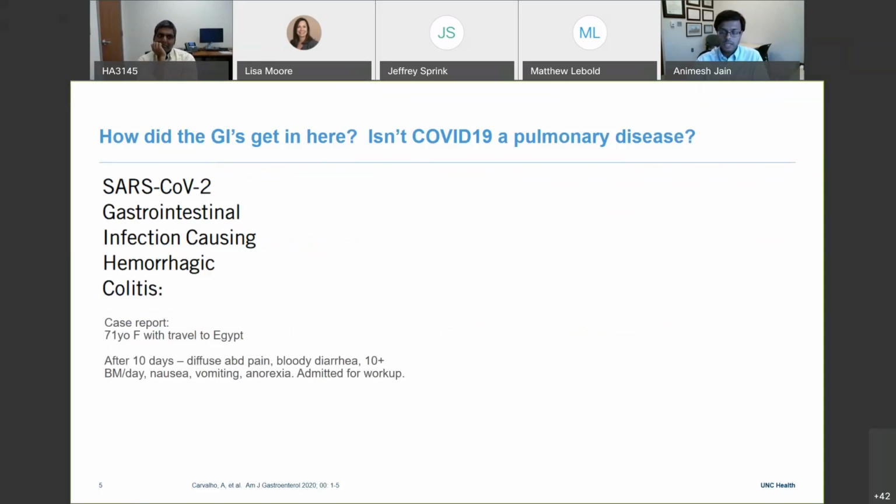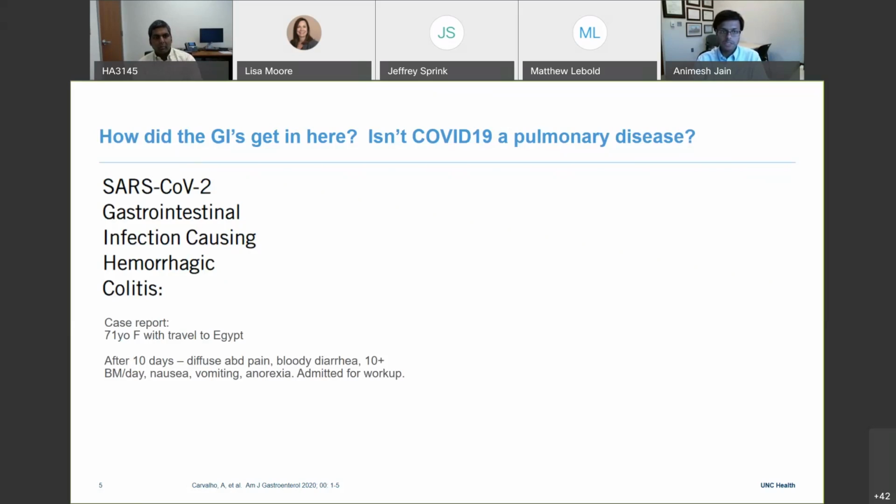So this was an interesting case, not seen here at UNC, but presented in one of the large GI journals in early April. It was a 71-year-old female who had a travel history to Egypt. She spent a couple weeks in Egypt on a vacation tour in March, came back to the US, and about 10 days after her travel started having abdominal pain, bloody diarrhea, nausea, was feeling quite poorly, and was admitted to her local hospital.